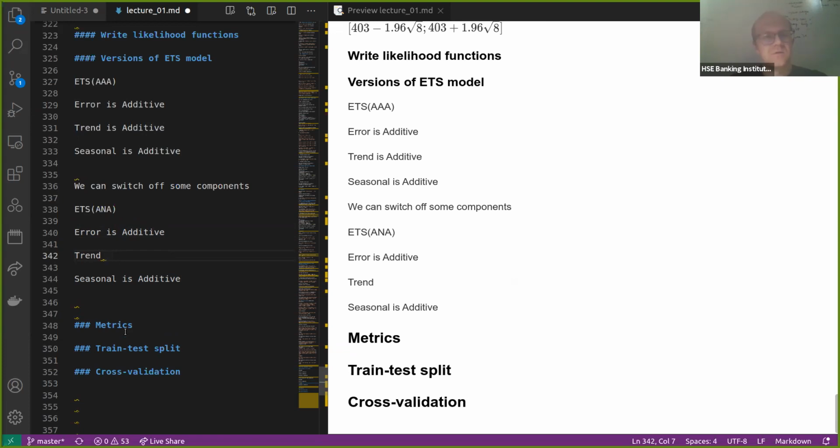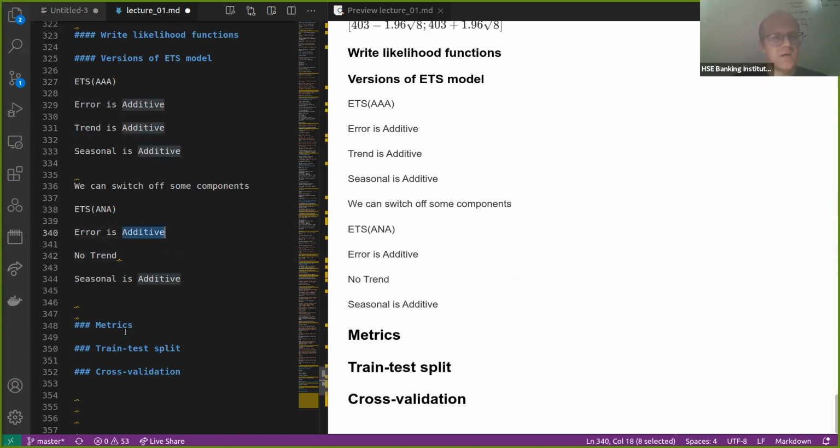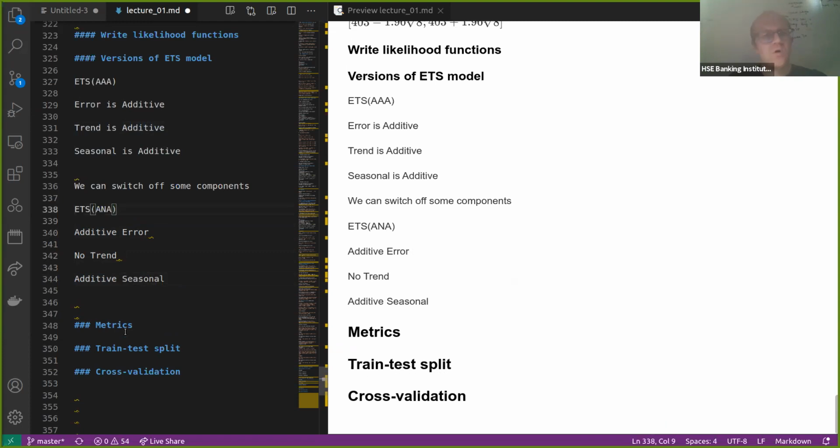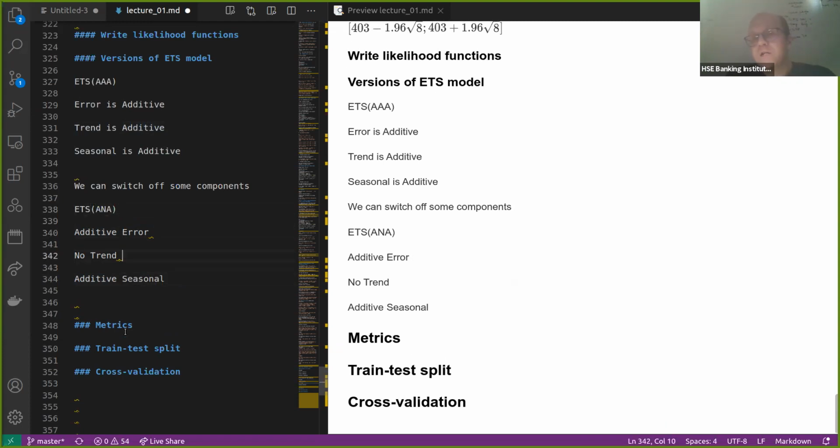Trend is absent. Maybe it's better like this: additive error. ANA model looks like this. So ETS ANA model equations are simplified by one assumption: BT is just always 0. We switch off the trend.